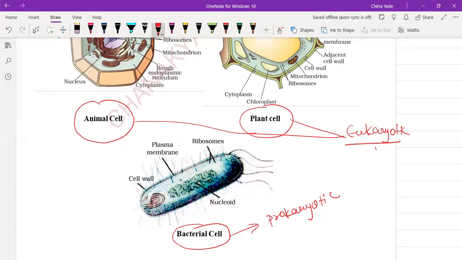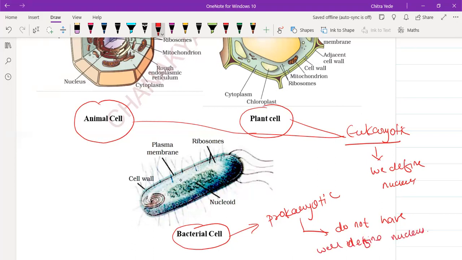Eukaryotic means these cells have a well-defined nucleus, whereas prokaryotic, pro means primitive, means the cells which do not have a definite, well-defined nucleus.